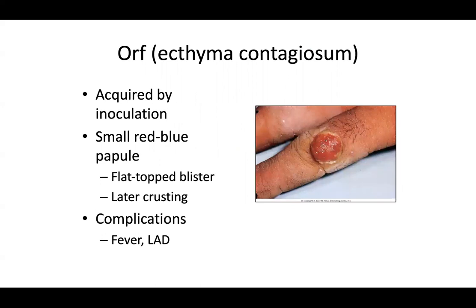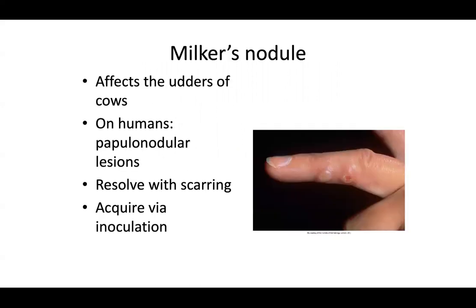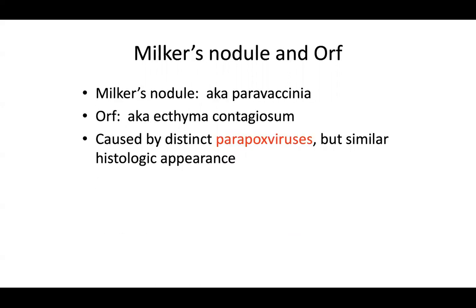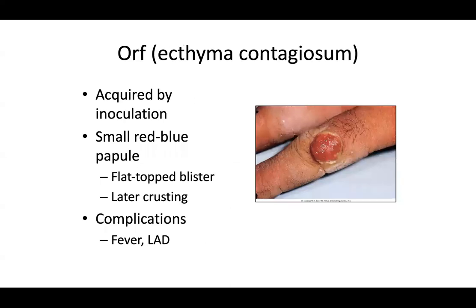Orf, or ecthyma contagiosum, made sure that I said contagiosum there as well. So ecthyma contagiosum, it's acquired by inoculation as well as Milker's nodule. You see small red to blue papules with flat top blisters. Later, you'll get crusting. So there are different phases, and depending on what phase you biopsy it, you may see different stages of destruction and healing.